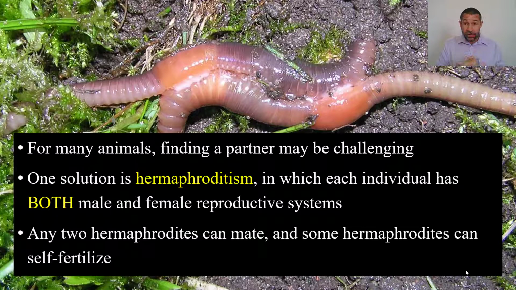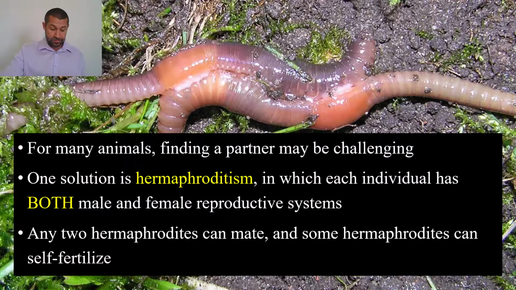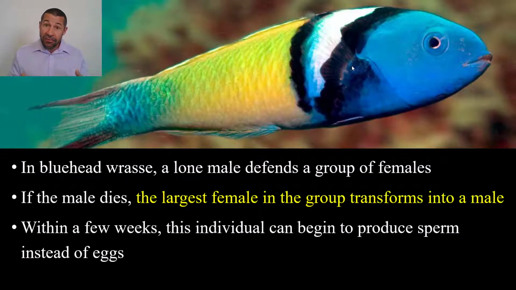So here, these earthworms are copulating with each other, and each individual is donating as well as receiving sperm from its partner.